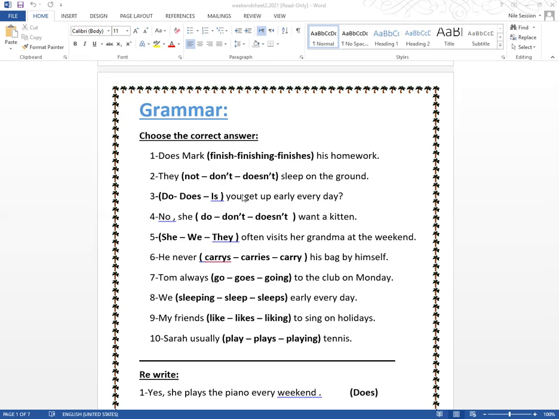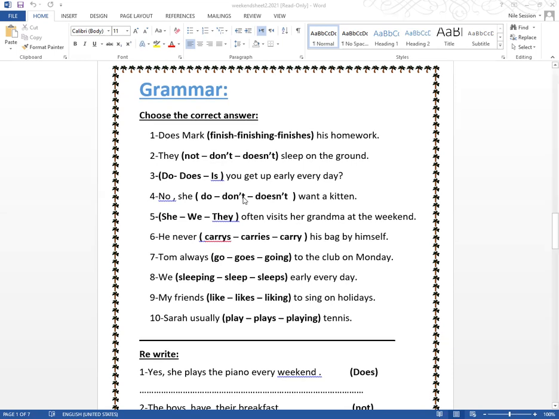Number 4. No, she. So she from the super students, so she will take doesn't. No, she doesn't want a kitten. Number 5. She, we, they often visit her grandma at the weekend.